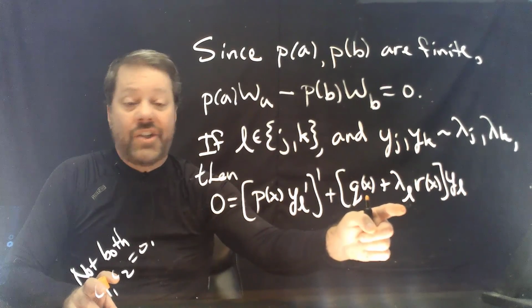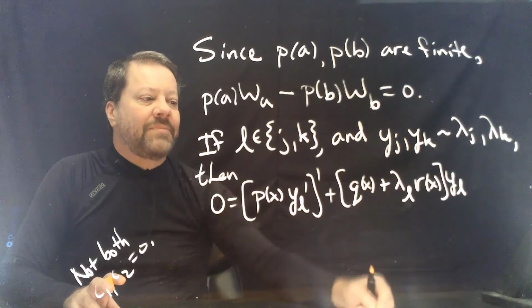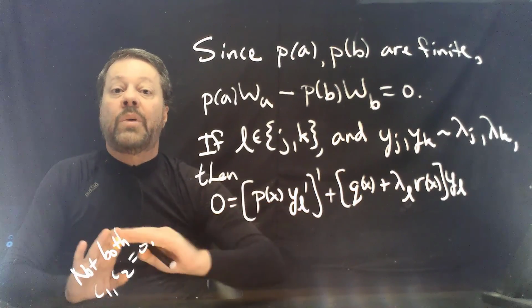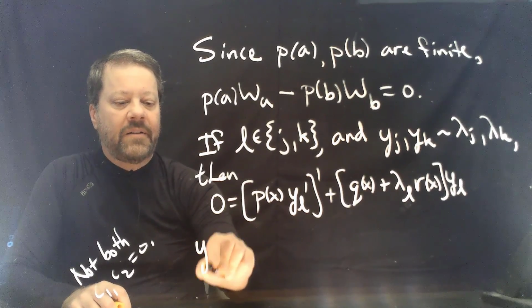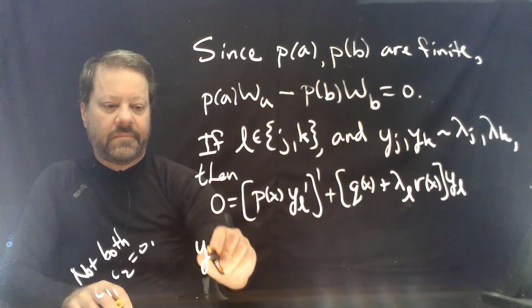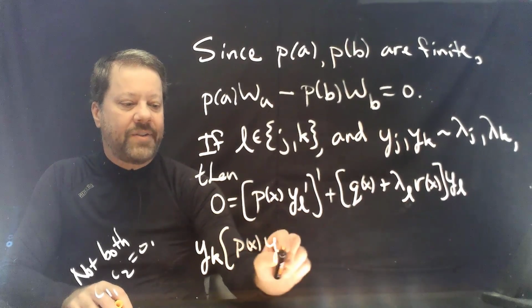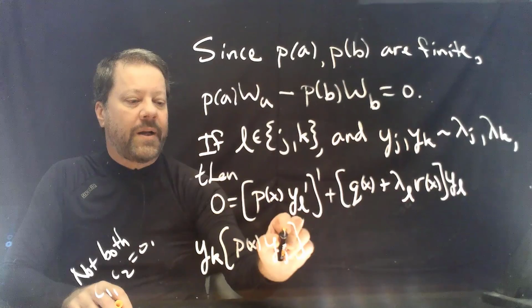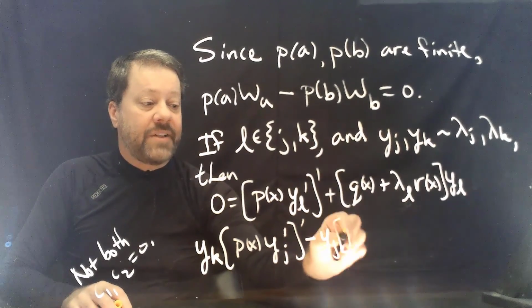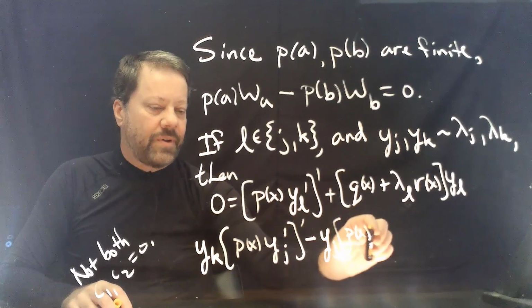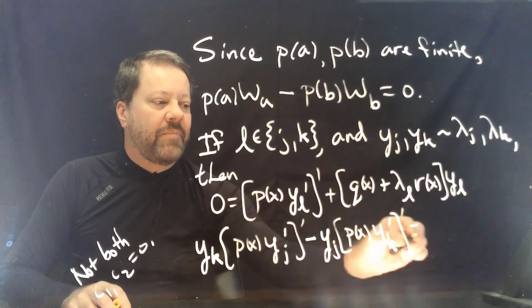But this will be lambda k this time, which means that when we subtract, the q terms will cancel out exactly, and we'll have the following: y sub k times p of x y sub j prime quantity prime minus y sub j times the other second order term, y sub k prime prime.